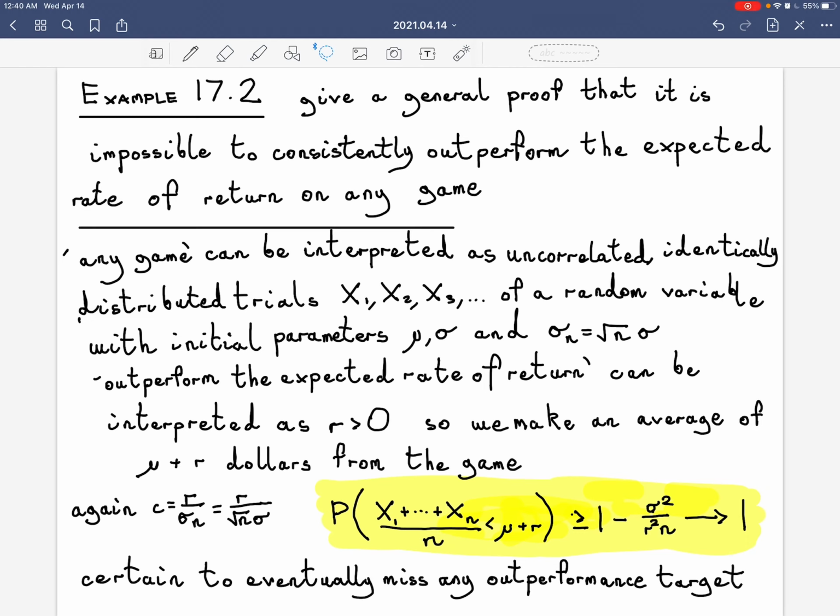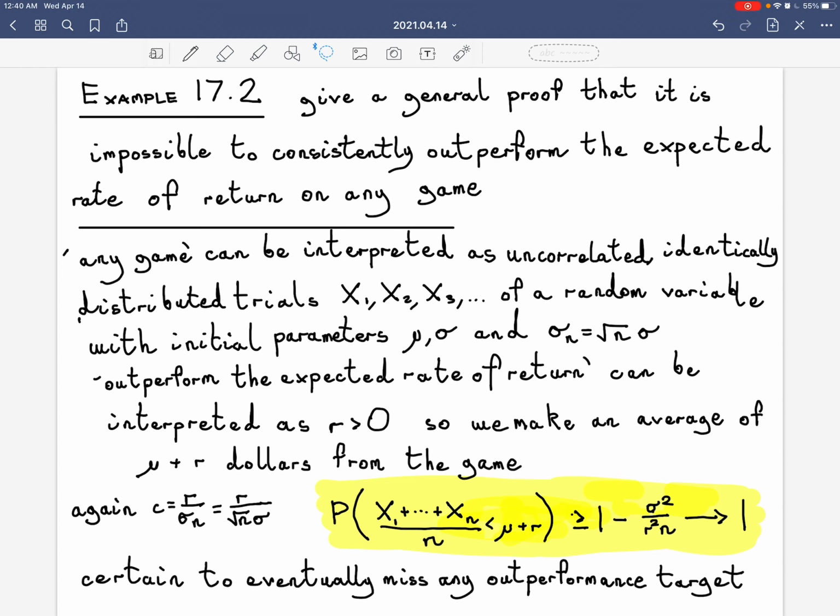And you can try and apply Chebychev's inequality to say that it's impossible to do better than whatever the expected rate of return is.